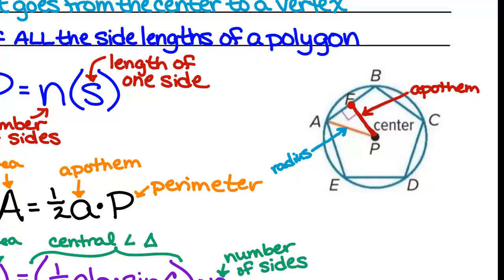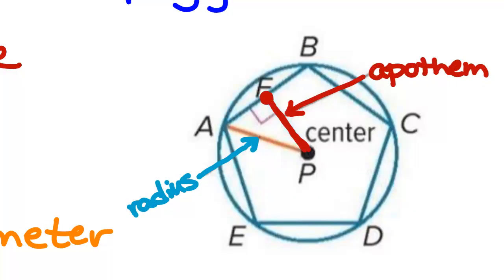So if you look back at this picture with me, if we were to draw in 2 radii here, I'm going to draw in a radius from P to E and from P to D. That makes this triangle right here.